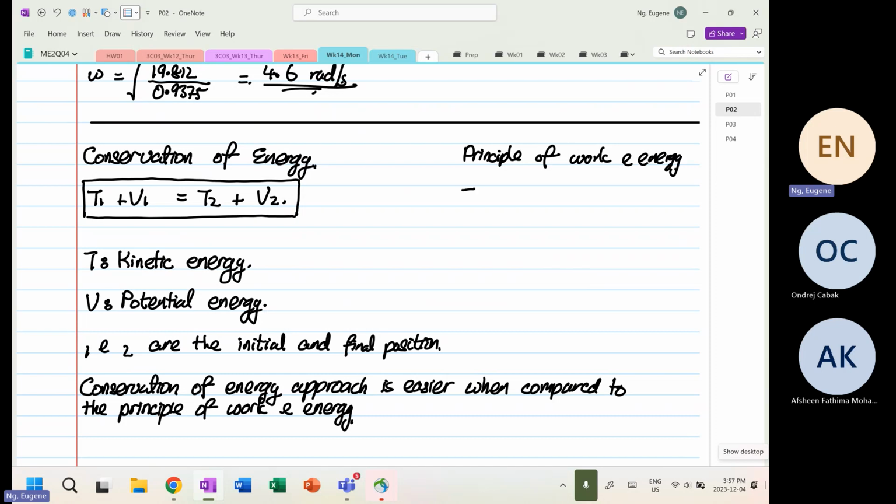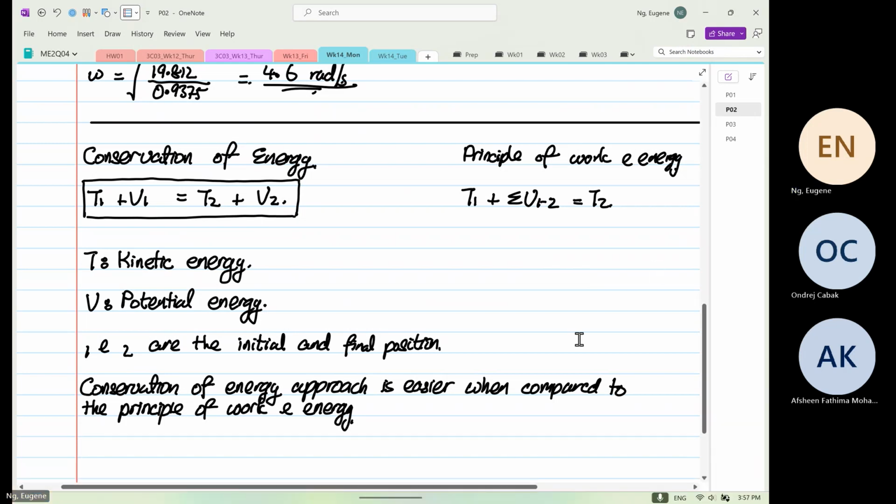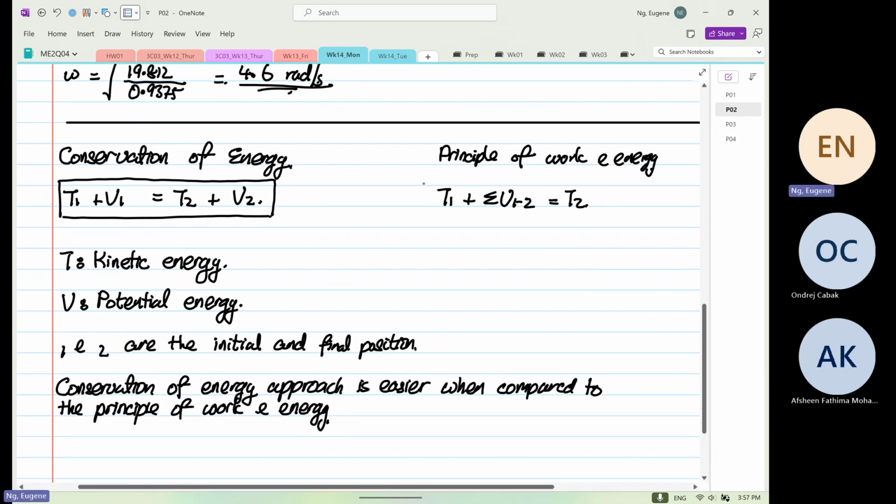So what we have is T1 plus the summation of work done from point 1 to point 2 is equal to T2. So you can see the difference.